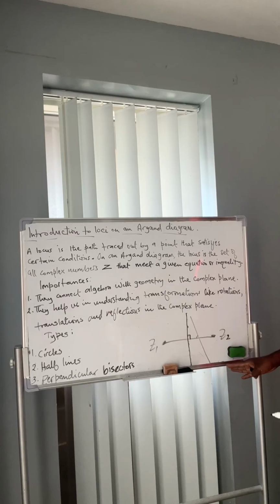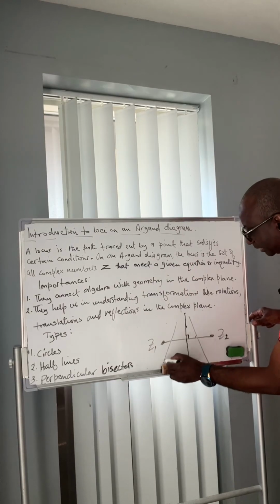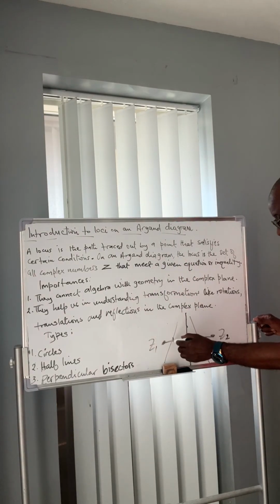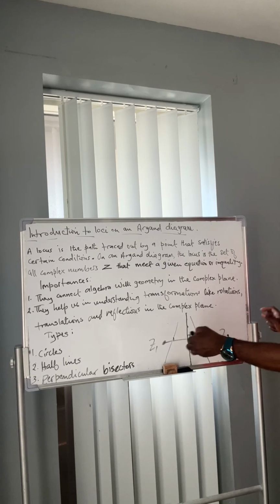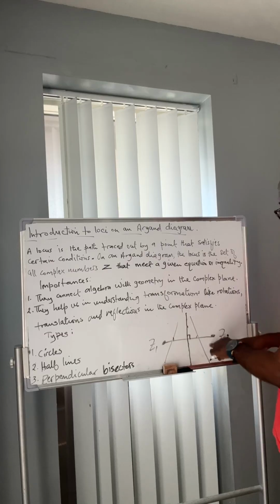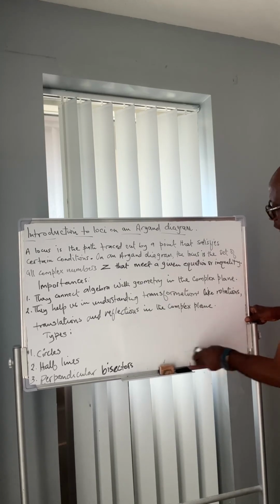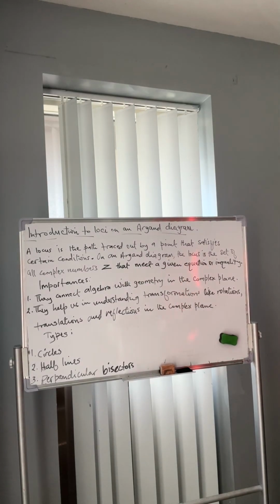It's not right. If it goes like this, again, it has an angle. It's not right. That angle here, which is not 90 degrees, so it won't be the perpendicular bisector of these 2 points. It has to be 90 degrees, which is the one that goes through the middle of the 2 points.